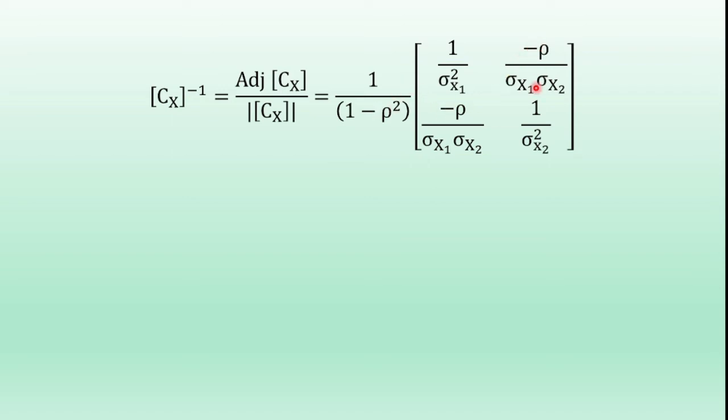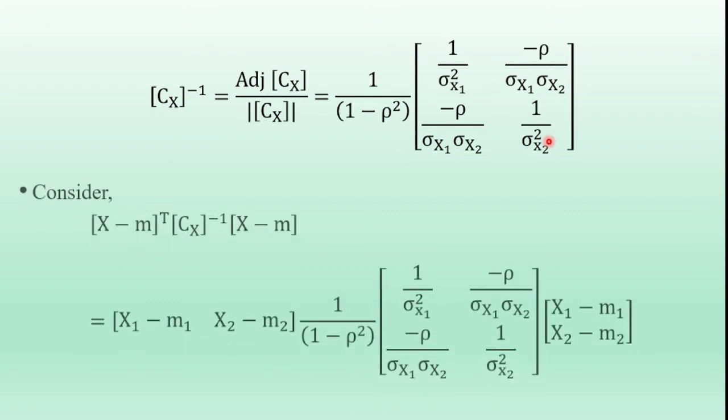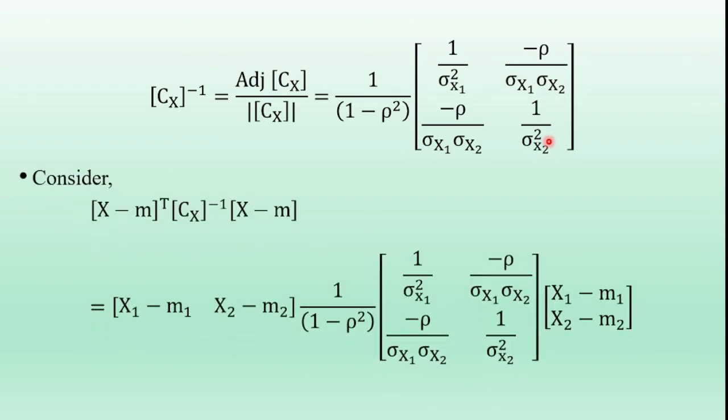In the second term, numerator and denominator, sigma x1 and sigma x2 cancel, and the remaining term is minus rho divided by sigma x1 sigma x2. And similarly here also, minus rho by sigma x1 sigma x2. Here it is 1 by sigma x2 square. So that is the inverse matrix Cx inverse.